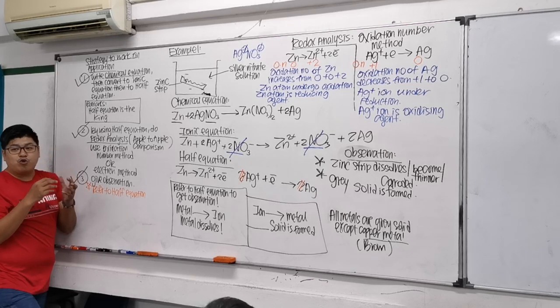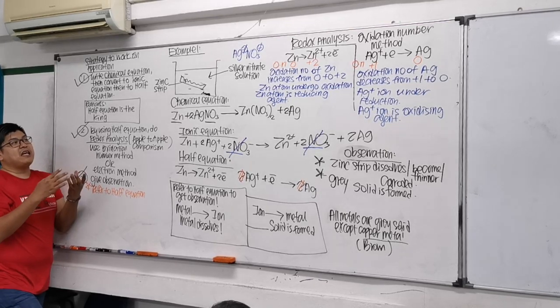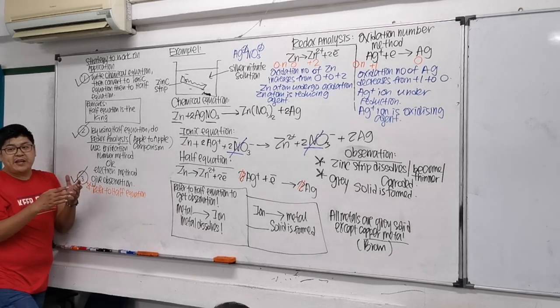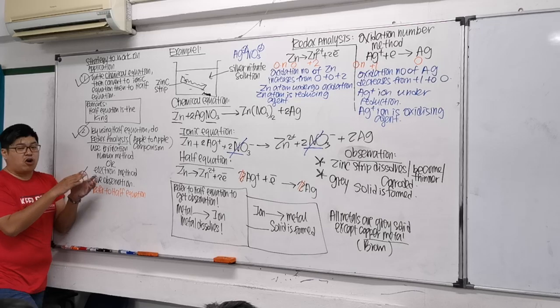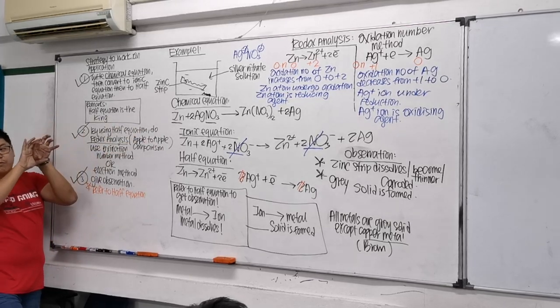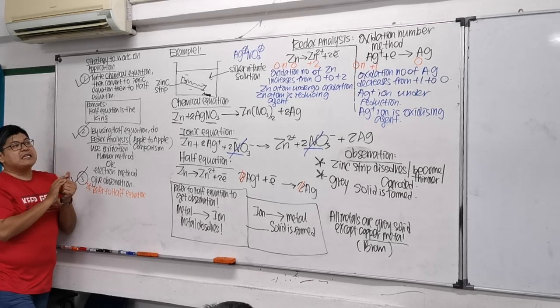The first application is called metal displacement, in short the gangster bully concept. A more powerful metal takes something from the less powerful metal. This is called metal displacement.